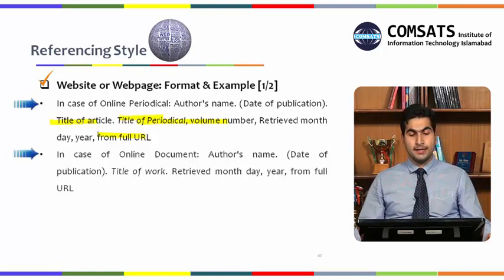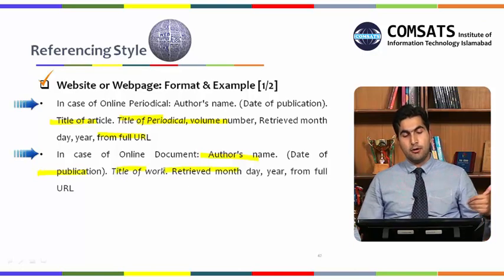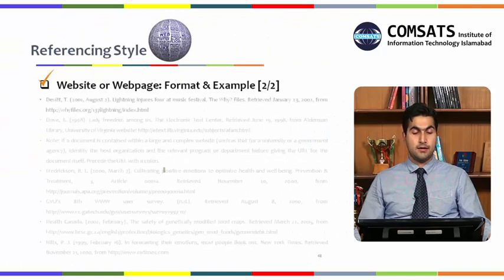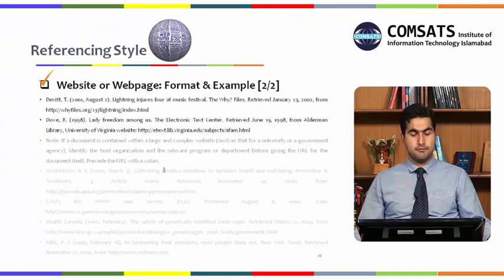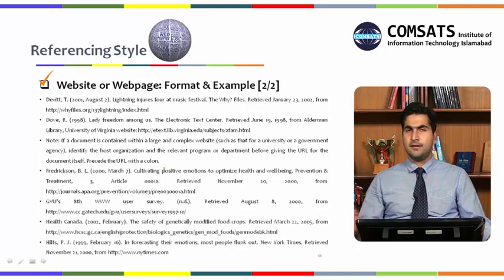In case of an online document, once again, name, publication date, title of the work, retrieved month, date, year, and the full URL. That's how things come, and I understand there are different ways, so these are the different examples.